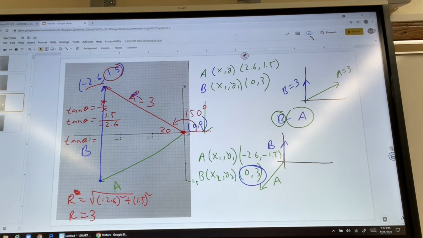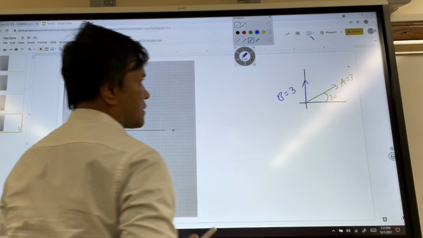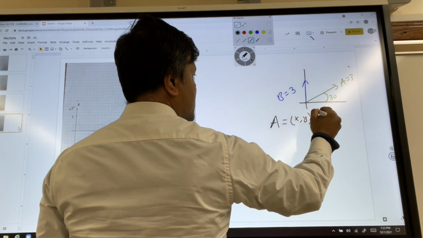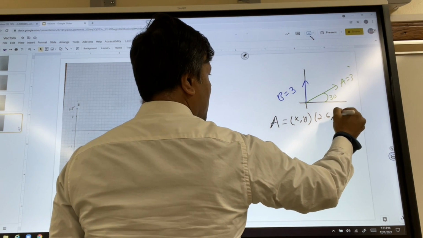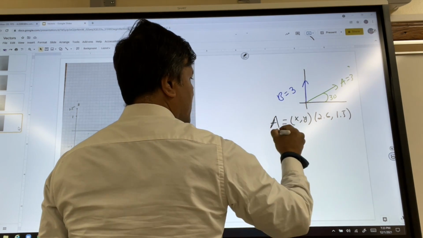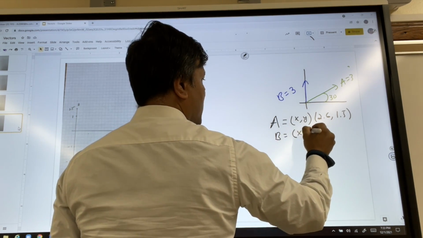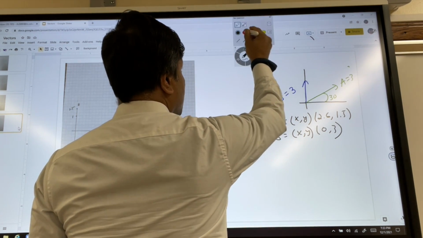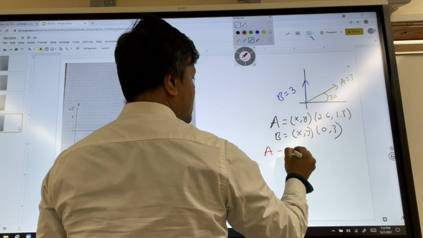All right, the last one is a minus 2b. A is x comma y, which is 2.6 comma 1.5, and b is x comma y, 0 comma 3. Now what do we have to do? A minus 2b.